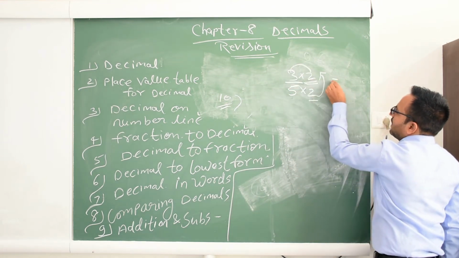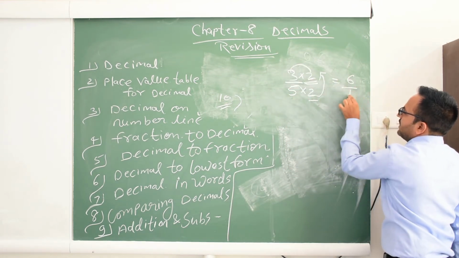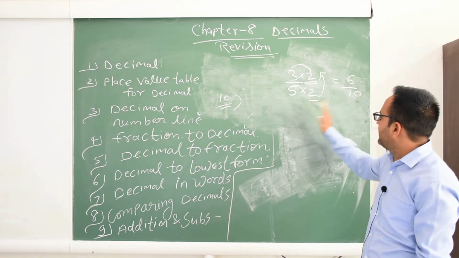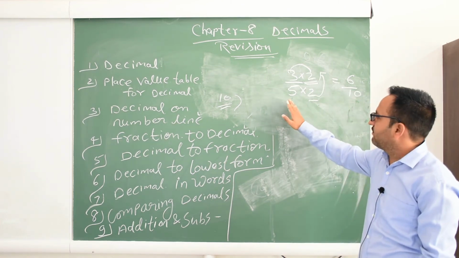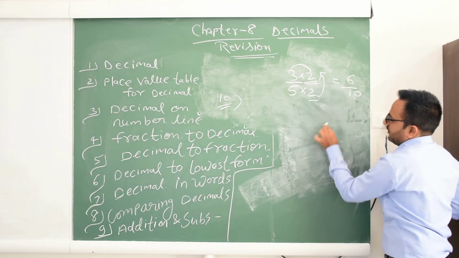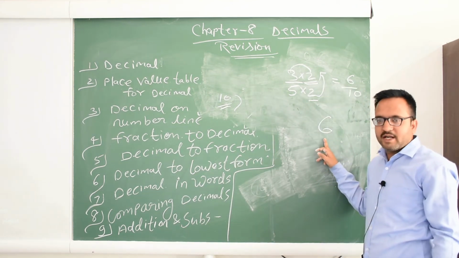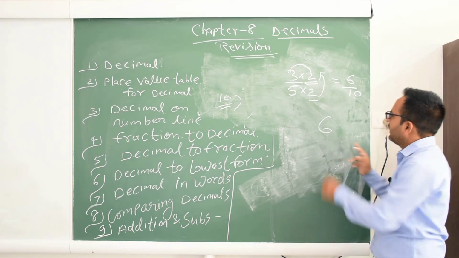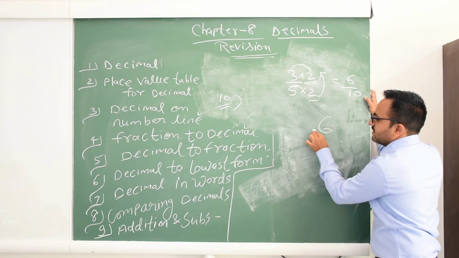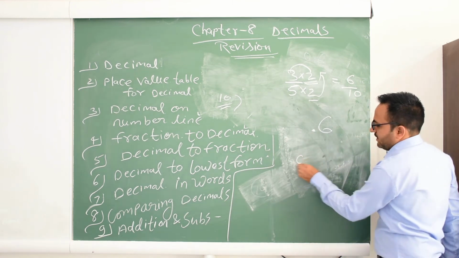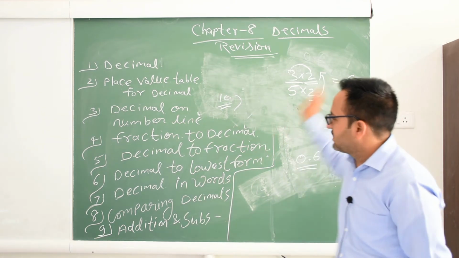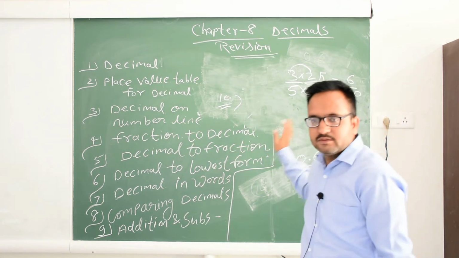So 3 times 2 is 6 and 5 times 2 is 10. We converted 5 to 10. Now we write the numerator as it is, and how many zeros? Only 1 zero. So after 1 digit we put the decimal point. So 0.6 will be your answer. This is the method for fraction to decimal.